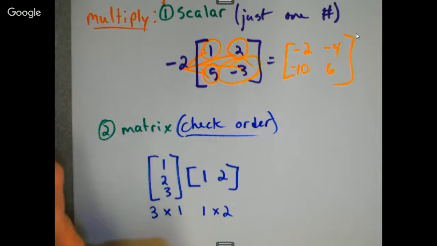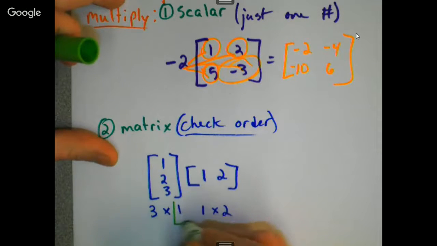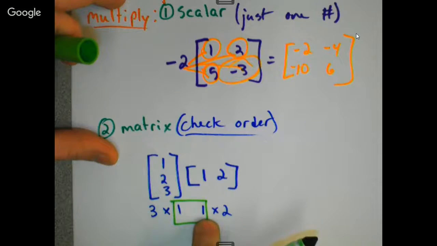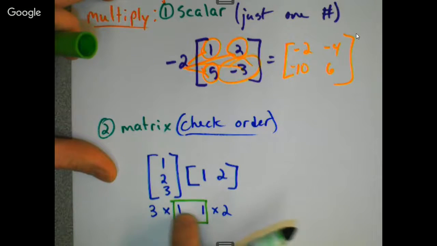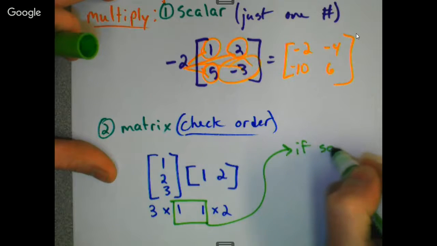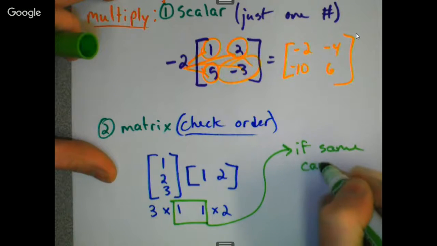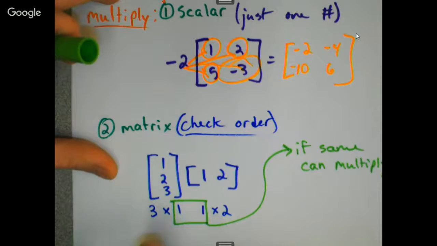Now, when you multiply, you need to check the order in the direction that you're multiplying. And these two numbers, the columns on one have to be the same as the rows in the other one. If they are the same, you can multiply. If they are different, you cannot multiply.